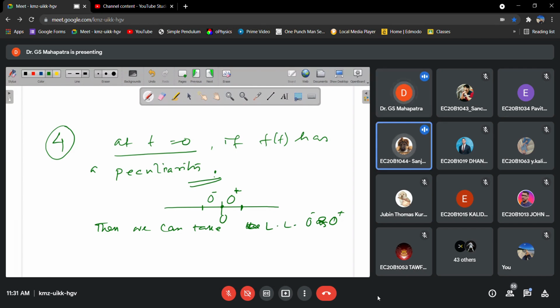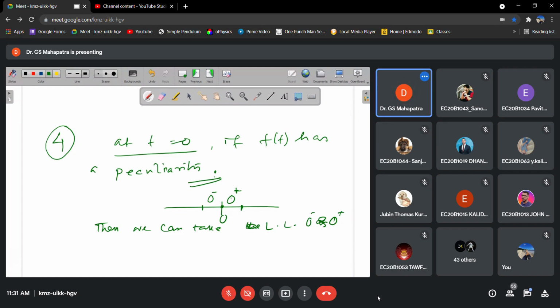Our intention is to take the value just after 0, but there is no need to write any value. You write 0 minus or 0 plus. That means it is very close, and then find the integration. Then you just take the limit after the integration. If you are able to put the value of 0, you can easily apply that one. If it is not possible, then you have to consider the numerical concept. That one we will discuss if we find such problems.